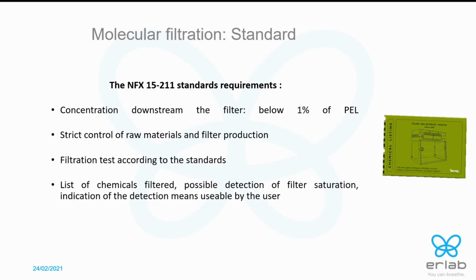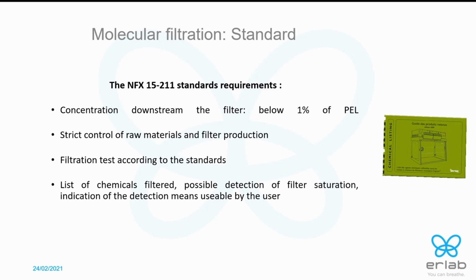So coming back to this standard, the first requirement, and the crucial one, of course, is the filtration efficiency. Joseph just spoke about the PEL. And here we will test the efficiency of the filter by measuring the release of chemical downstream of the filter.